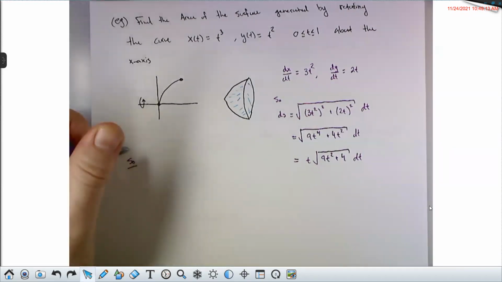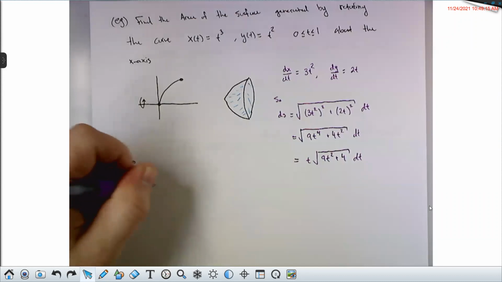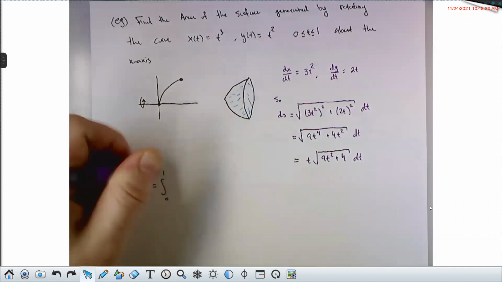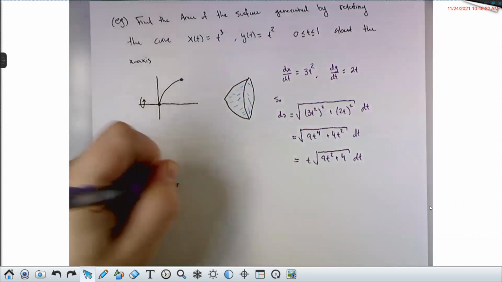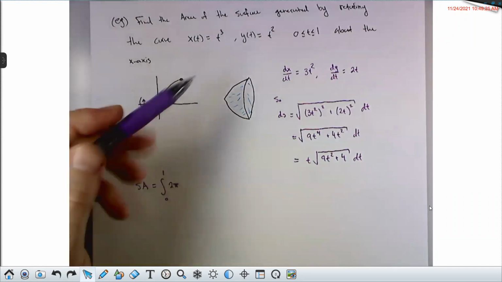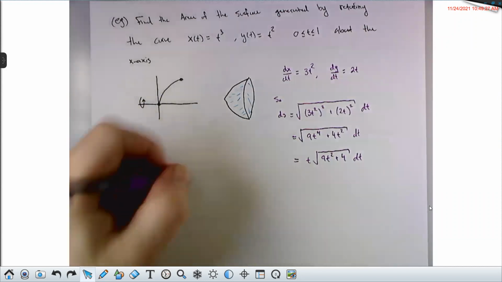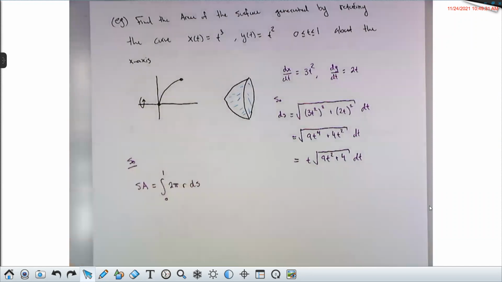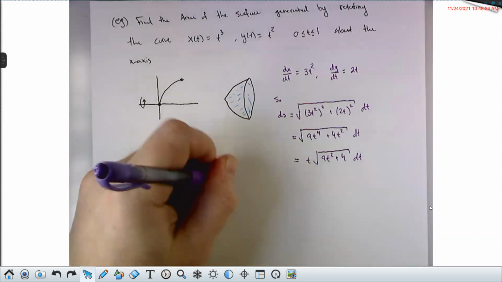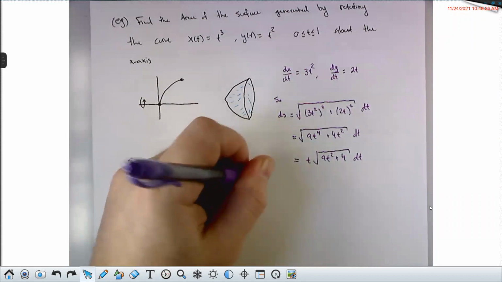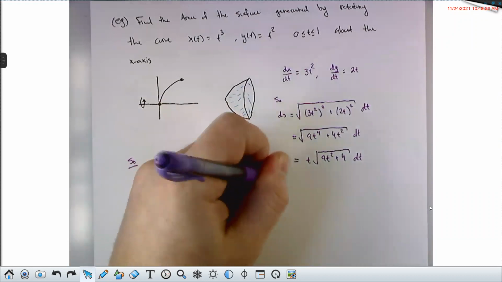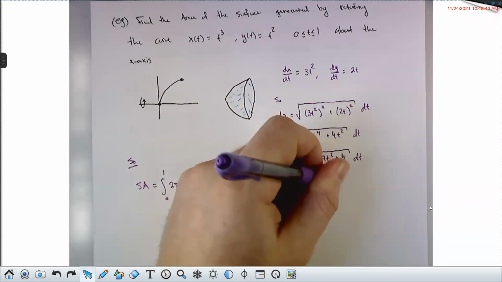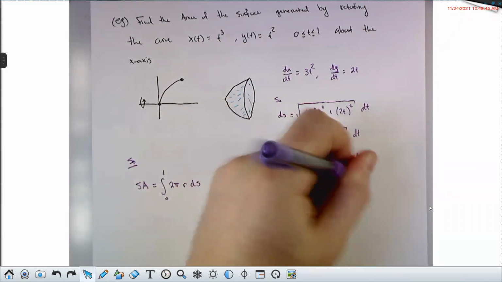So my surface area is going to be the integral from 0 to 1 of 2 pi times my radius. I'm rotating about the x-axis, so my radius r equals y of t, which is t squared.